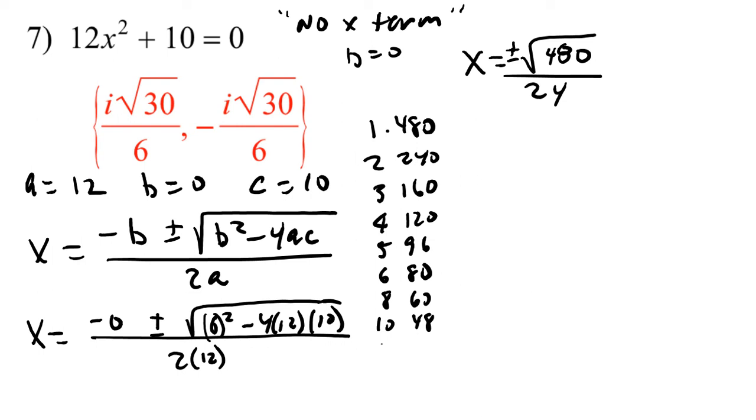Then 11 doesn't go into it. 12 goes into it. 480 divided by 12 is 40.